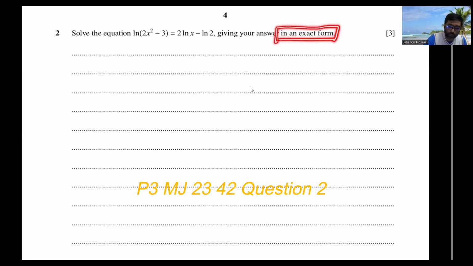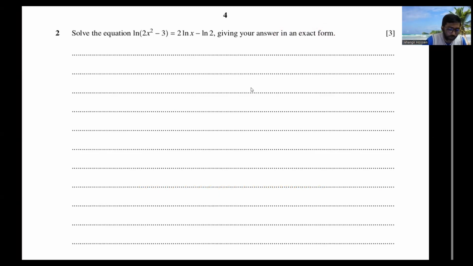So you cannot give your answer in decimal, unless it is exact. So how do you solve it? Since it's an equation in logarithms, we convert all the logarithms into a single ln. On the right hand side, you can combine the two ln together. Okay, let's combine the two ln on the right hand side together.